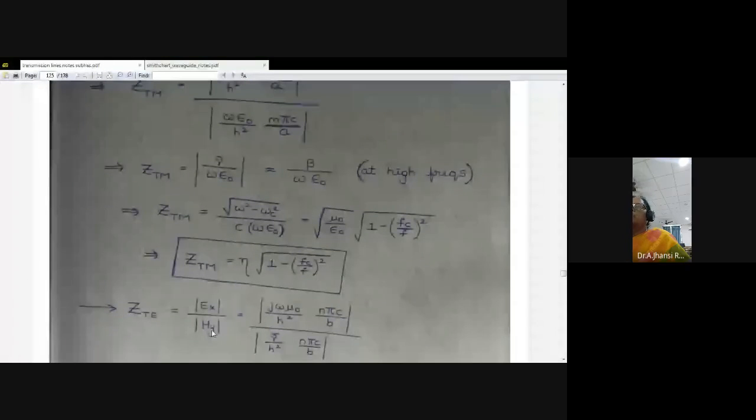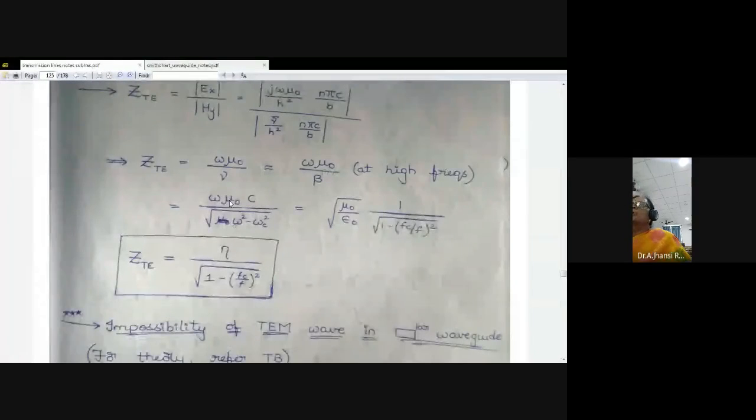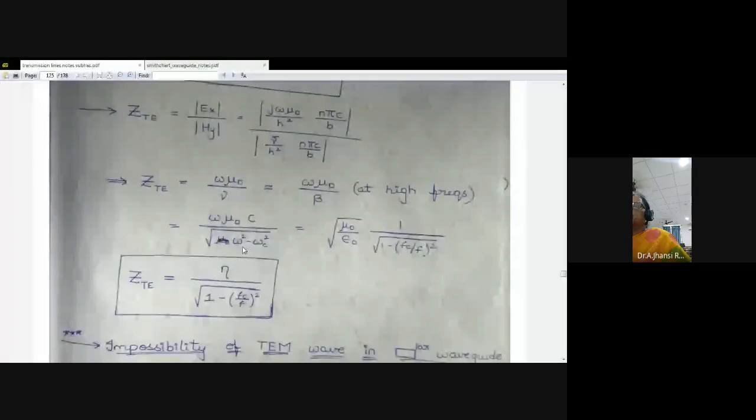Now ZTE is this one. Here ZT equal to omega mu naught by gamma, that is equal to beta. So mu naught is the permeability of free space, and the beta if you substitute, that is square root of omega square minus omega c square by c. Now if you simplify, c equal to 1 by square root of mu naught epsilon naught.